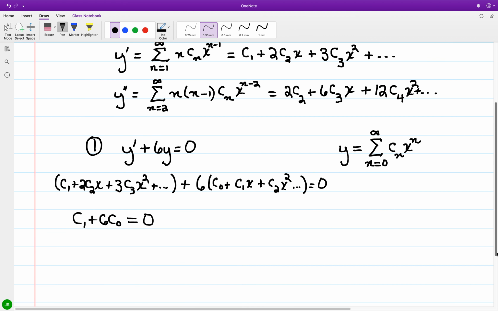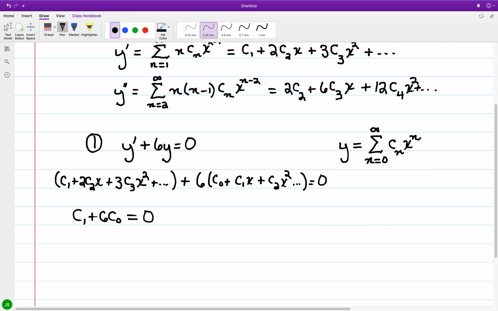For the first degree expressions in x, we have 2c2x and 6c1x, and I'm just looking at the coefficient portions. Here we have 2c2 plus 6c1 is equal to 0.